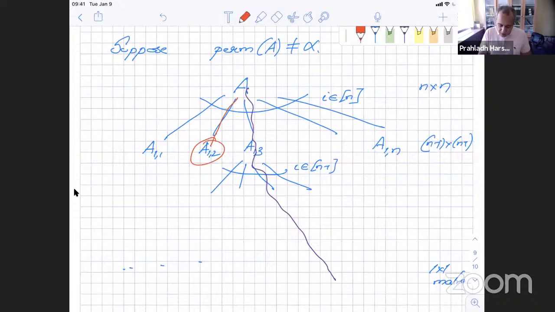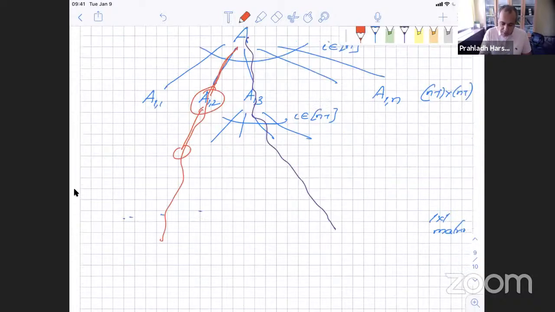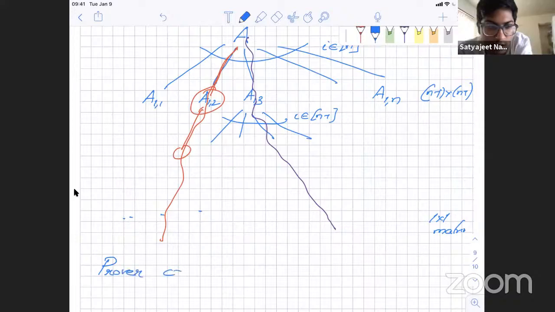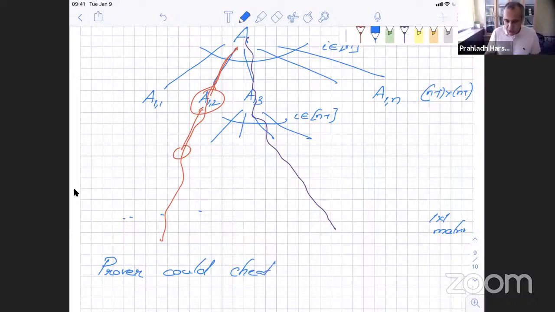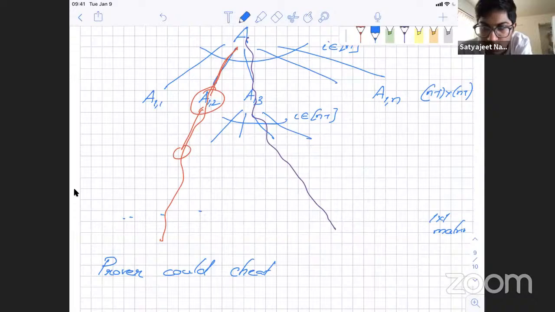So the prover could only commit errors on just one path. The prover could cheat on this orange path, but on the other blue paths, it can go correct. It's just going to cheat on one of the paths.